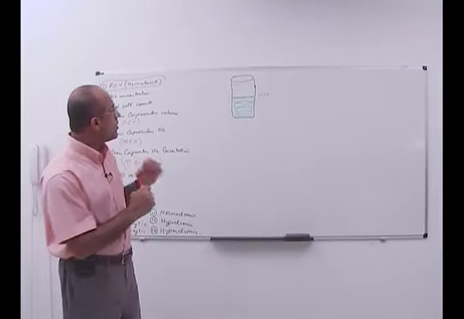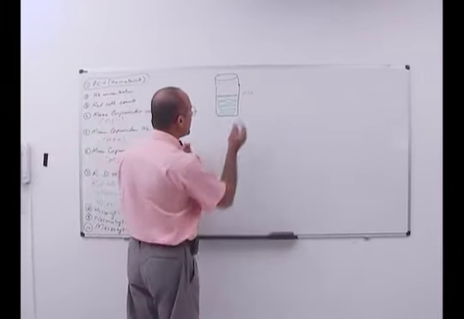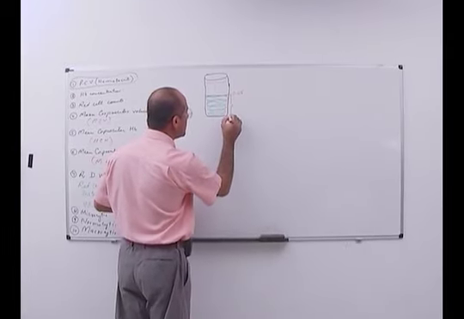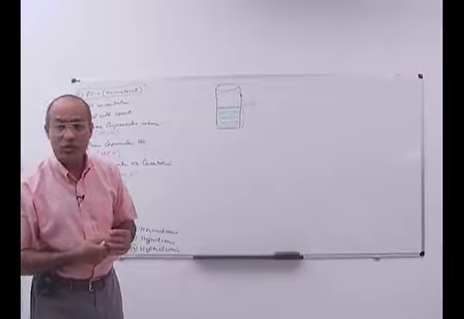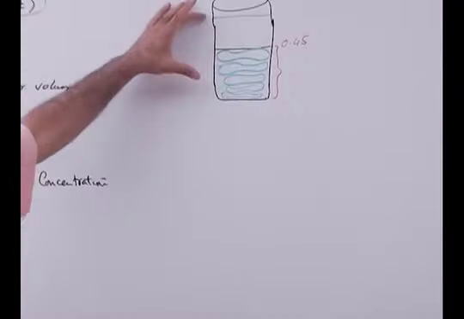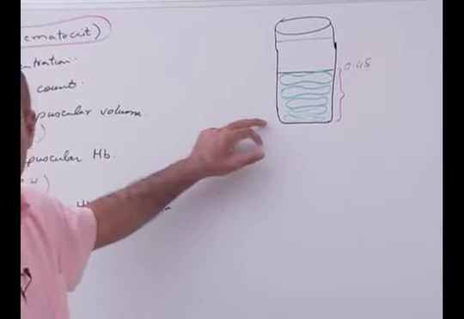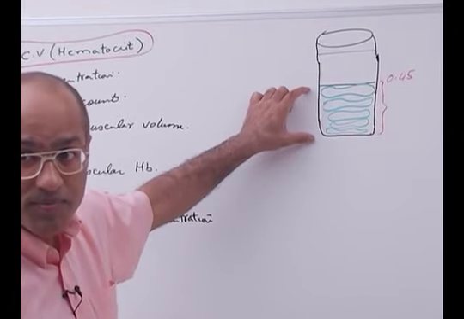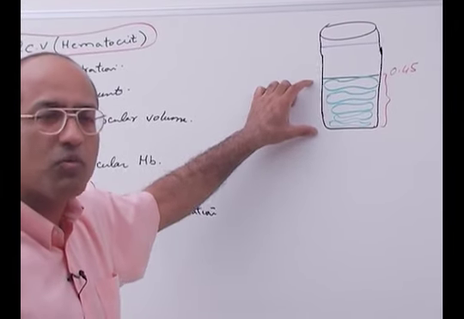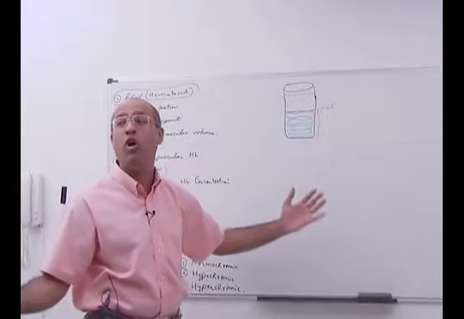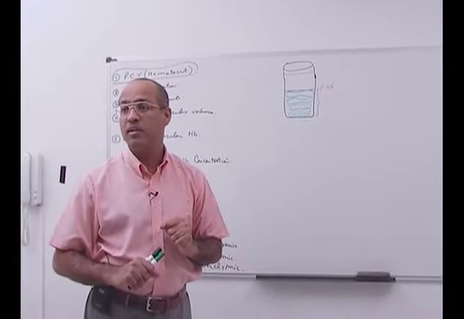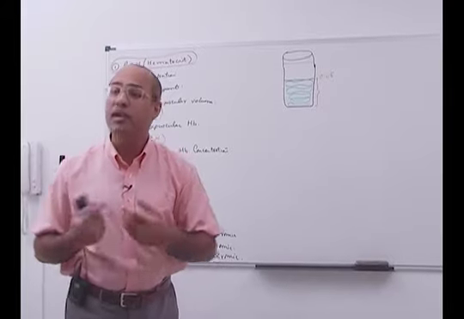Now, when we talk about this being our packed cell volume, within this volume we can talk about other things. Because packed cell volume only tells us that out of the full unit of the blood, 45% is occupied by red blood cells. But someone can come and ask, okay, this is the volume occupied by all the red blood cells, but what is the number of red blood cells?